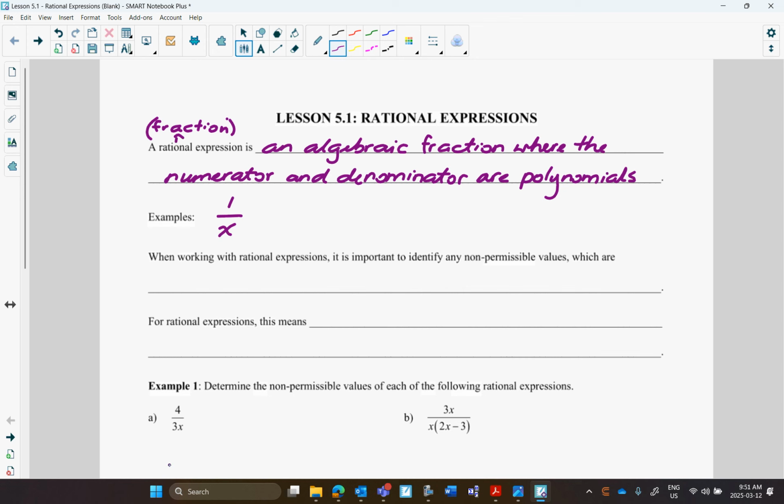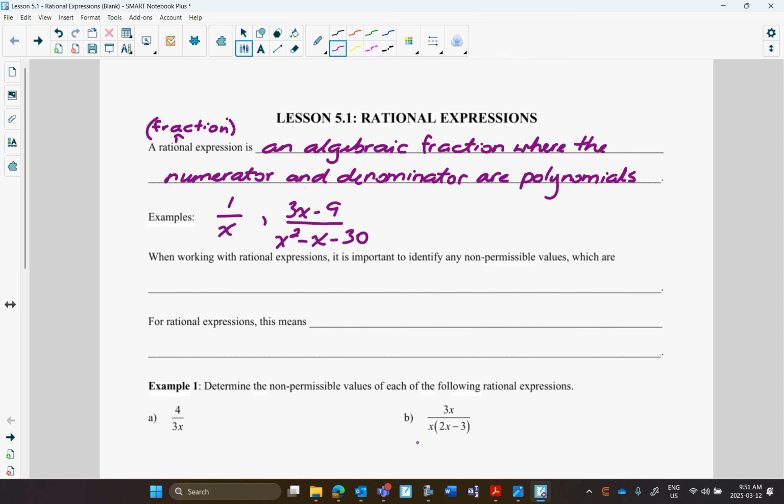1 is a polynomial. It doesn't necessarily have to have a variable. Another could be 3x minus 9 over x squared minus x minus 30. It'd be as complicated as that. Numerical fractions are examples of rational expressions, but we're not going to focus on those.